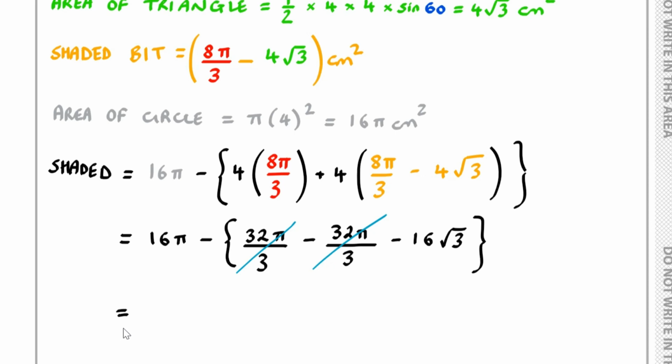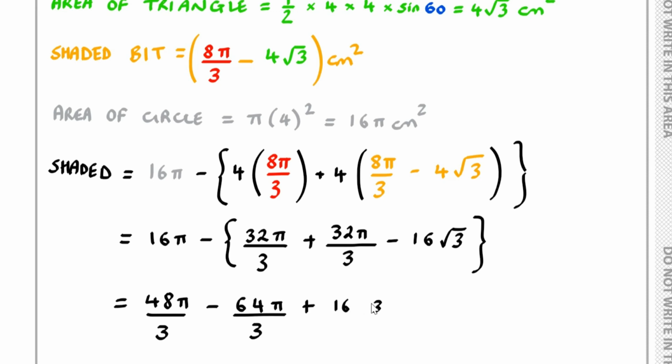Rather here, this will be a plus and this will be a minus. What we end up with altogether, well, let's rewrite the 16 pi as 48 pi over 3. Then I'm subtracting 32 pi over 3 and another 32 pi over 3, so that will be the same as subtracting 64 pi over 3. And then I'm adding 16 root 3.